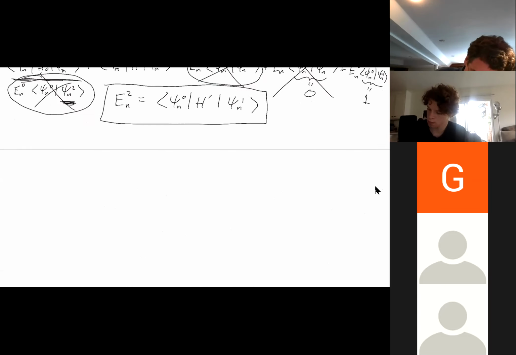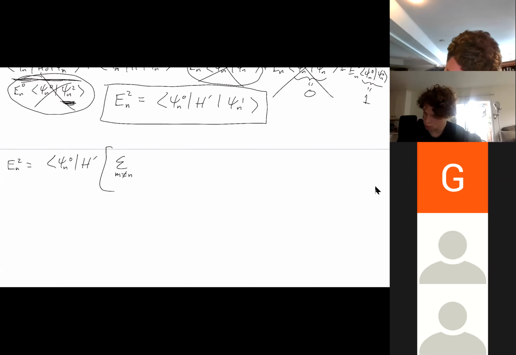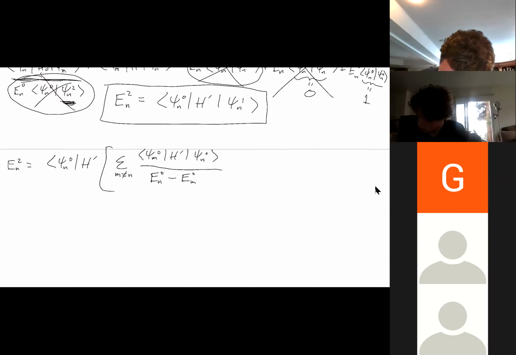And so En2 is equal to psi n naught H prime times that formula, and psi n1 is going to be the sum over all m except for m equals n, not that one, psi m naught H prime psi n naught. The formulas are tedious but easy. You just do it. Minus Em naught times psi m naught. Boom, that's it. That's right.